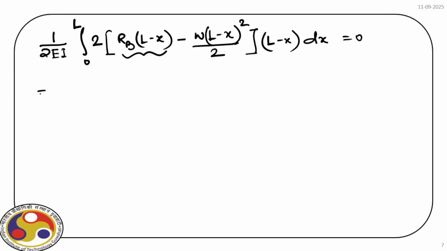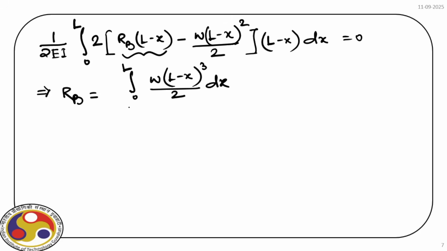So what effectively we get? RB is equal to 0 to L omega L minus x to the power 3 divided by 2 dx, and in the denominator we'll have 0 to L, L minus x whole square dx.